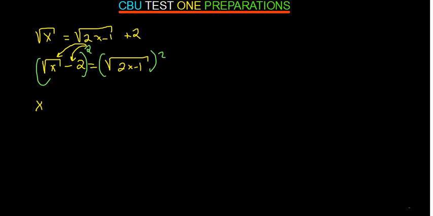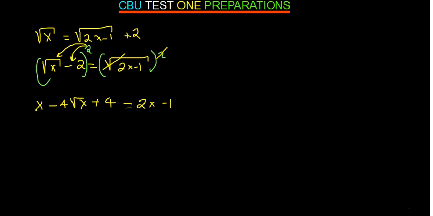Negative 4 times square root of x, that will be negative 4 square root of x. And then get the negative 2 and also square it. That is going to give you a positive 4. If you want, write square root of x minus 2 again, square root of x minus 2, and start crossing and multiplying. And this is going to be equal to, on this side, the square and the square root cancel. So that is going to be 2x minus 1.